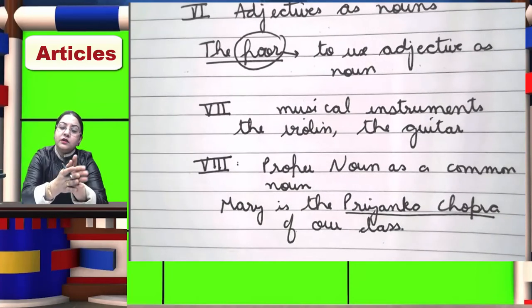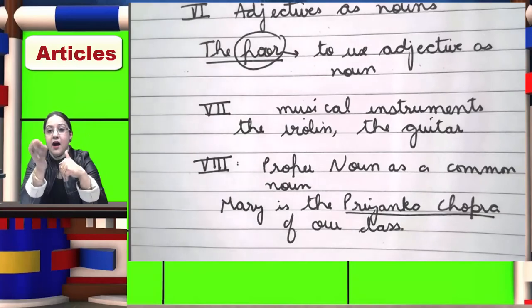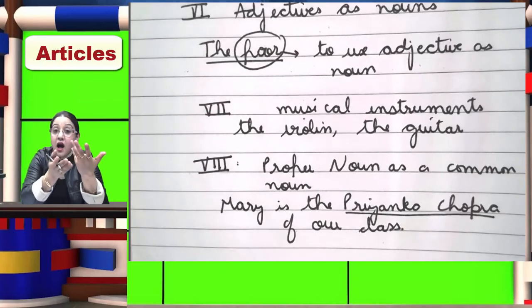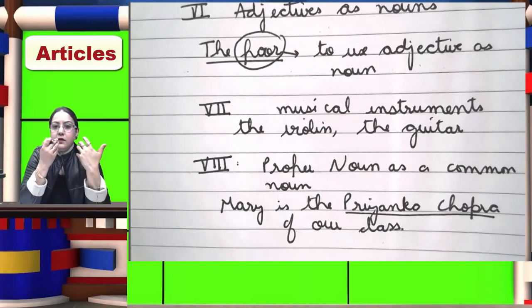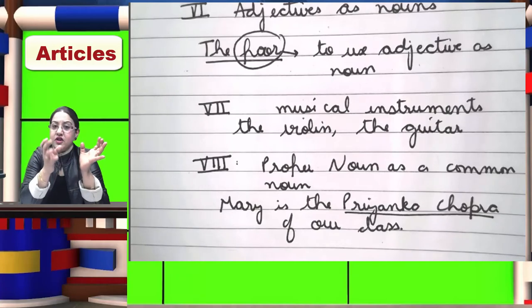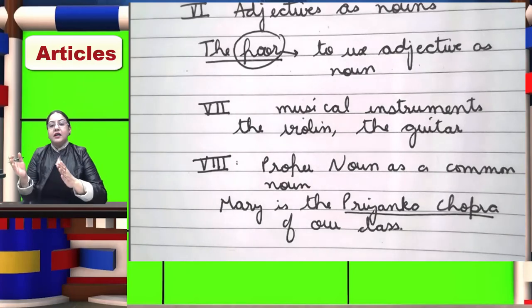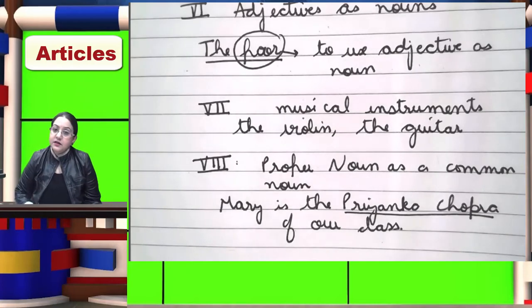But when I'm talking about a definite object like the pen that John gave me, or the Himalayas, the Ganga, the Nile River, the Amazon Basin, the Hindustan Times, a special case, then I'm using the article the. So this is the difference between the definite article and the indefinite articles.